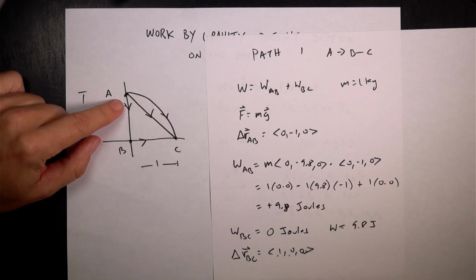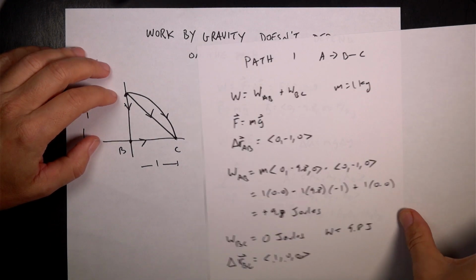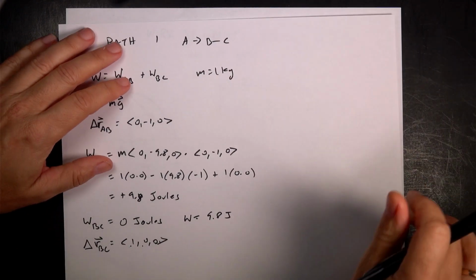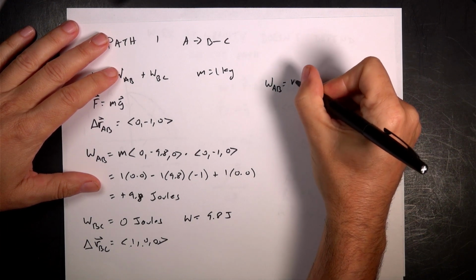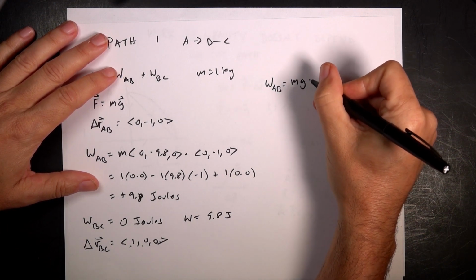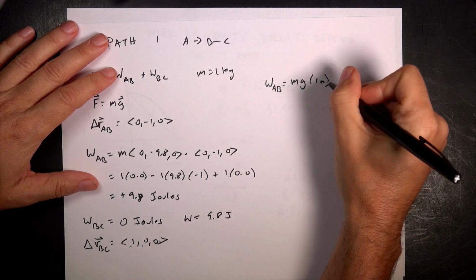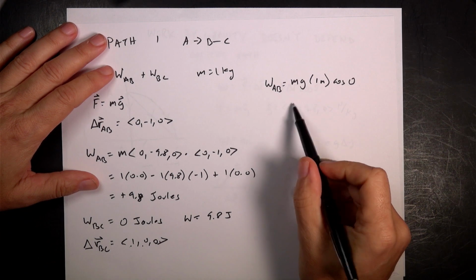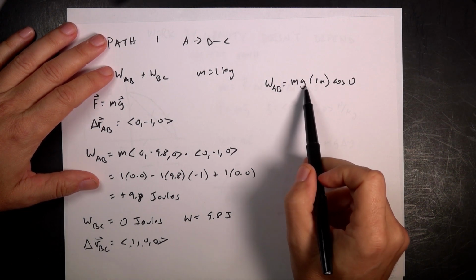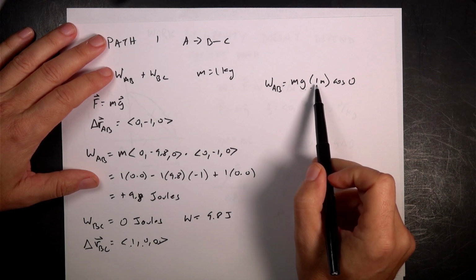Now, we could do this the other way. I could say work A to B is mg times the displacement of 1 meter times cosine of 0. So in this case, this is the magnitude of the gravitational force. That's a scalar value that's positive 9.8. That's the magnitude of the displacement.